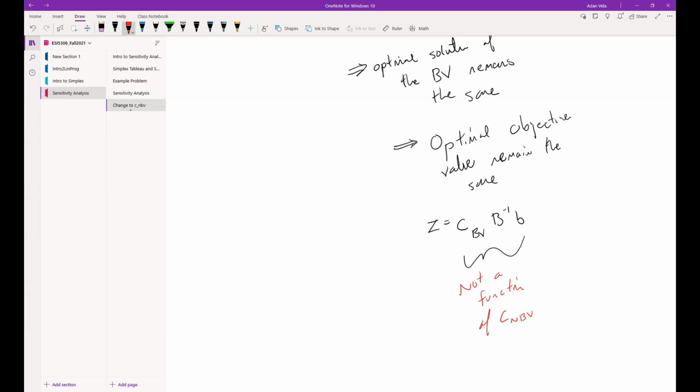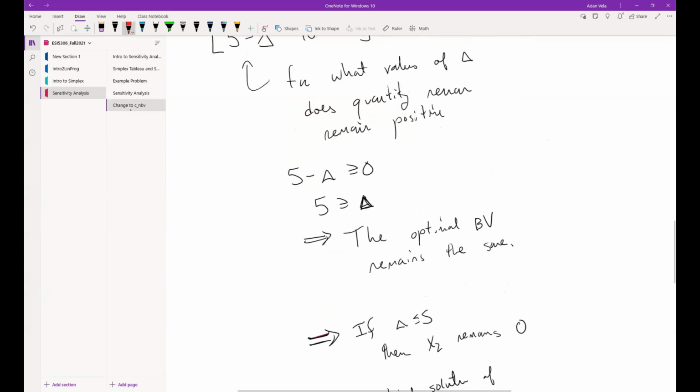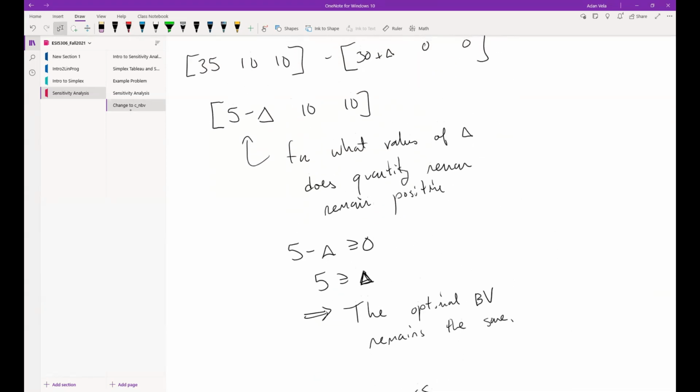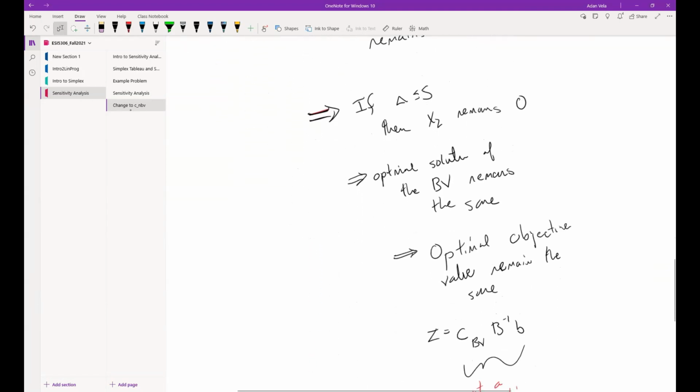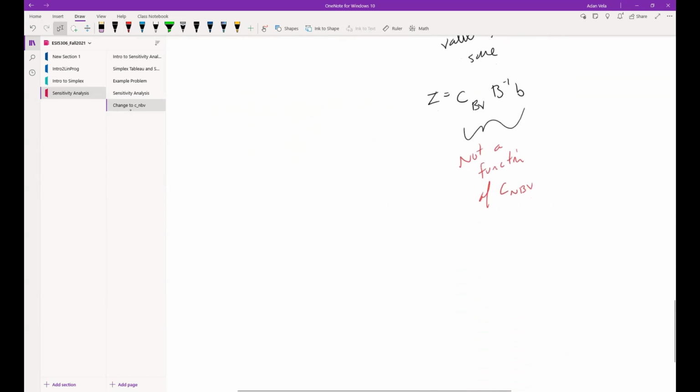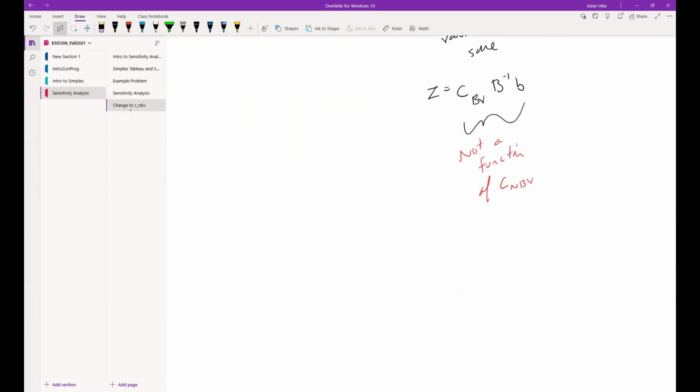The way we did this, we did it for just one non-basic variable. Sometimes you can do this for all the non-basic variables at the same time. You don't have to test them one at a time. With the matrix algebra approach, you could do it all at once.